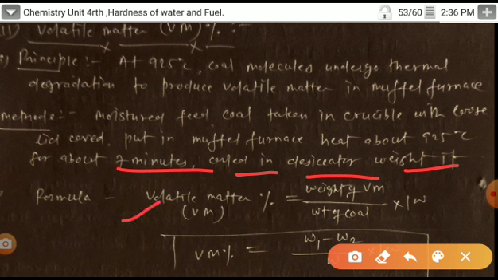Now, what is the formula that you have to use to determine the volatile material percentage?